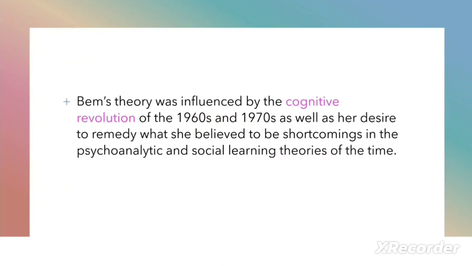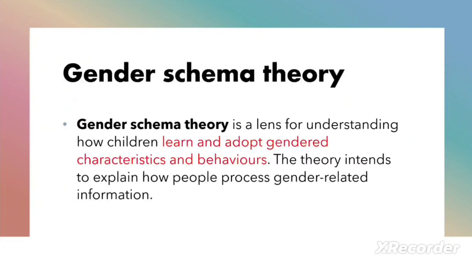This theory was influenced by the cognitive revolution that happened in the 1960s and 1970s. Sandra Bem believed that there were some shortcomings in the psychoanalytic and social learning theories of that time, so she developed a new theory called gender schema theory. It is about how children adopt gender related characteristics and behaviors from their environment.